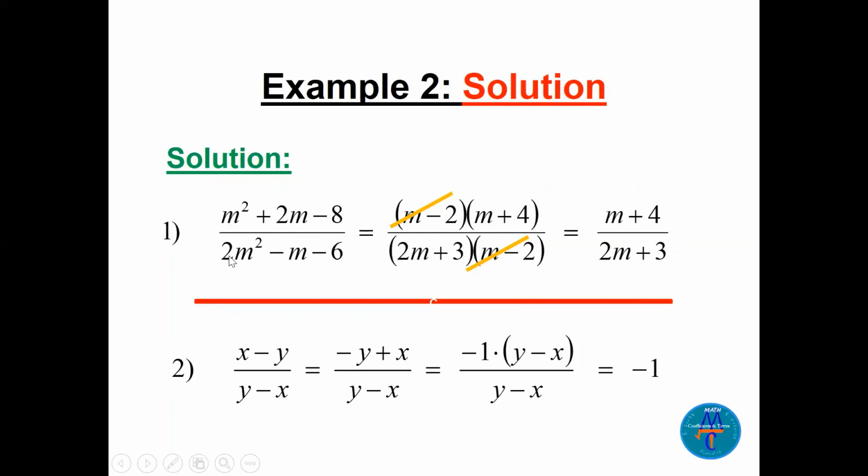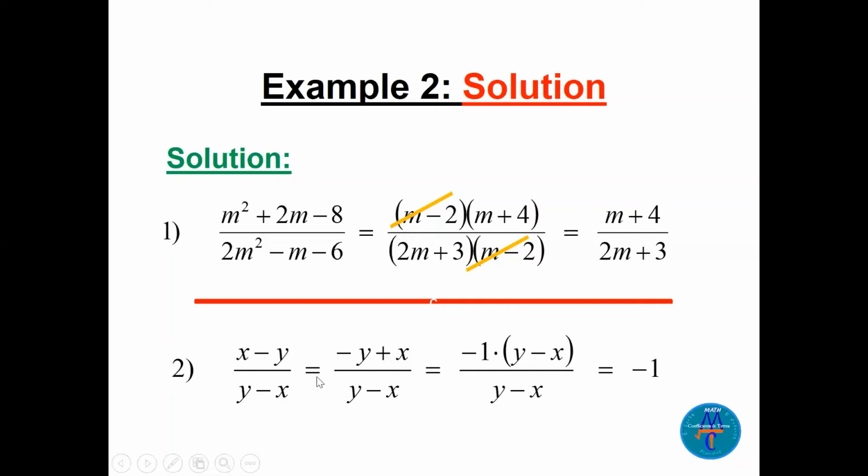You have to go and see lecture number 11, the slide and divide method. Or there's another fast method, trial and error. 2m times m is 2m squared, that's minus 4, yes, it's correct. Now we can cancel m minus 2. This is the final answer, m plus 4 over 2m plus 3. We cannot do anything there.